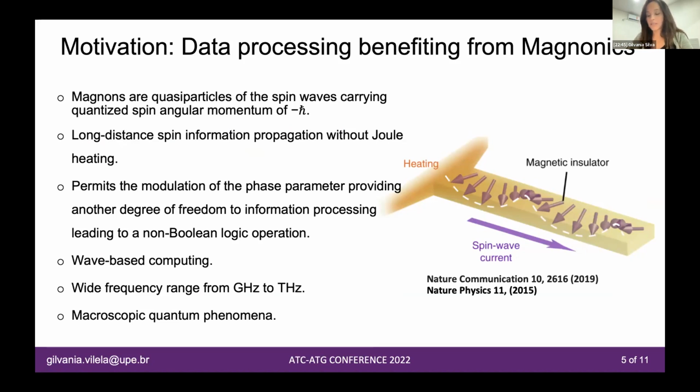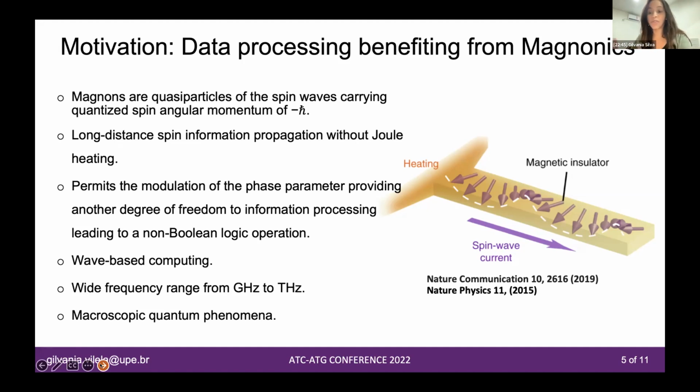Also, since we are dealing with waves that have frequency, amplitude, and phase, you could work with non-Boolean logic operations. You have extra degrees of freedom. The spin waves also can propagate through long distances in materials with low magnetic damping, such as YIG, for example. So magnons are something that we are interested in understanding and controlling.